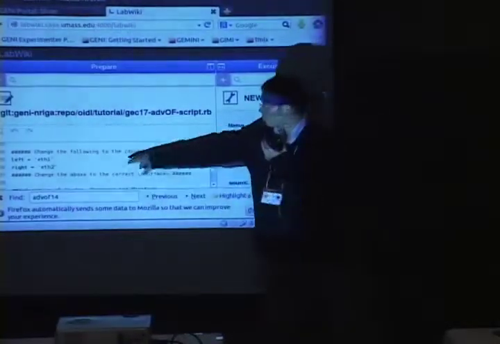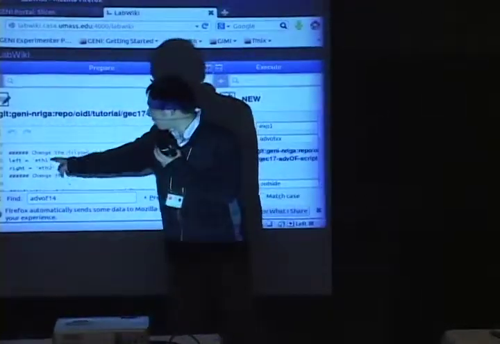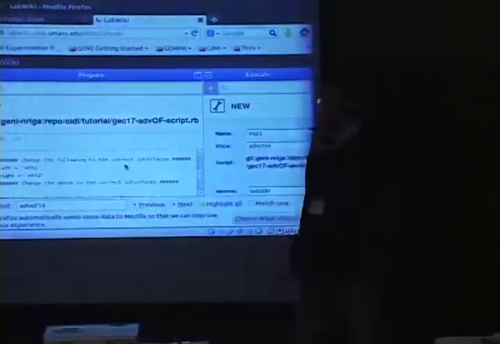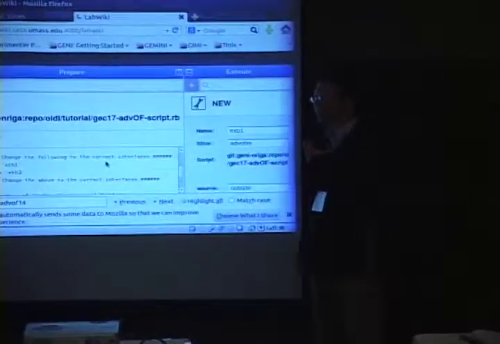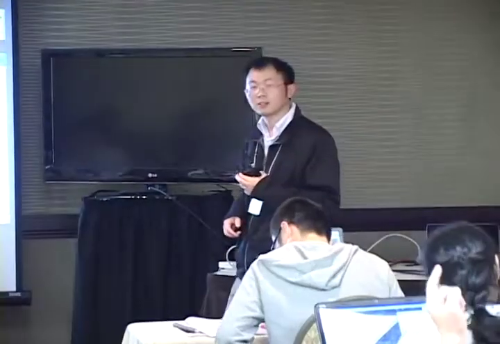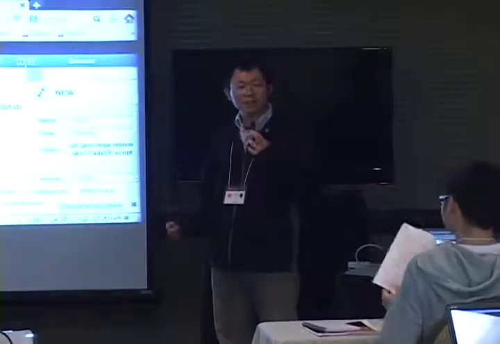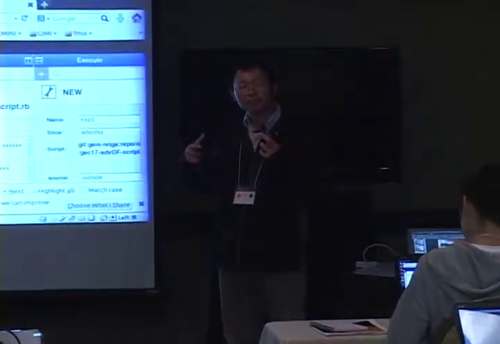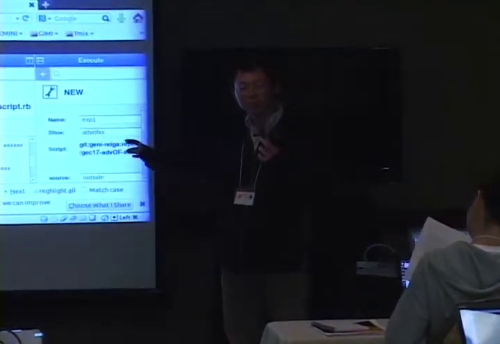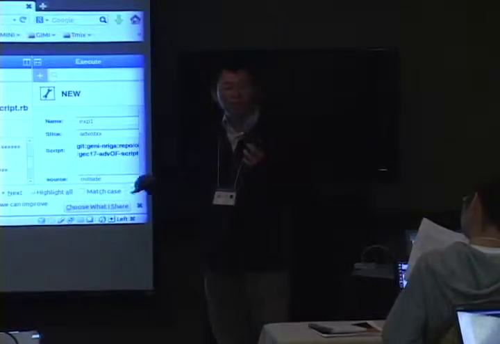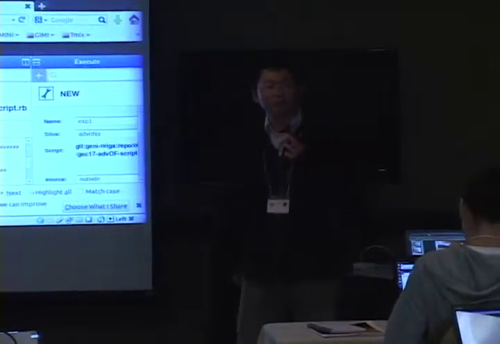Here you modify these two lines so that they point to the correct interface, into the Ethernet number that you have. So probably it's ETH3 for you. It depends on the node.